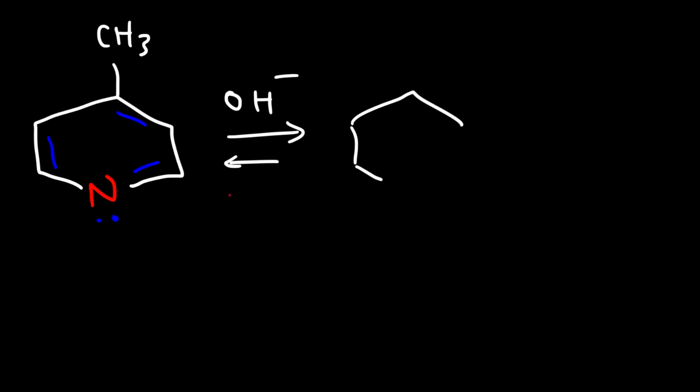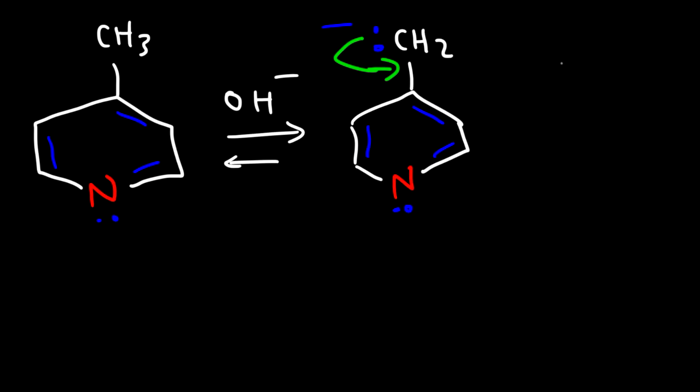And the reason why we can do that is because the carbanion that forms is stabilized by resonance. And so here we have this negative charge that can delocalize into the ring. And ultimately, it can go on the nitrogen with a negative charge.